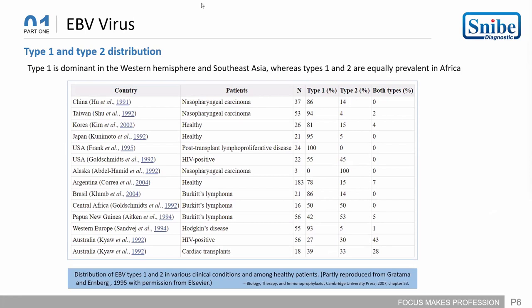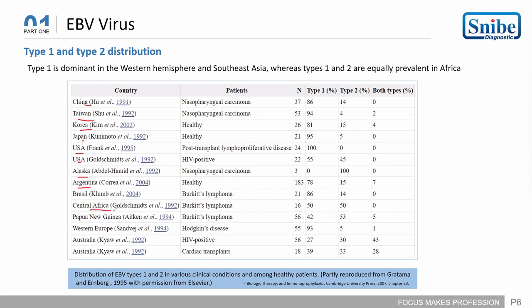In African countries, and if we talk about nasopharyngeal carcinoma conditions, the probability of type 1, type 2, and both types is higher in China, Taiwan, Korea, and Japan. Even in the US, type 1 is more common as compared to type 2, while type 2 is more common in Alaska. In other countries, type 1 is more predominant as compared to type 2.